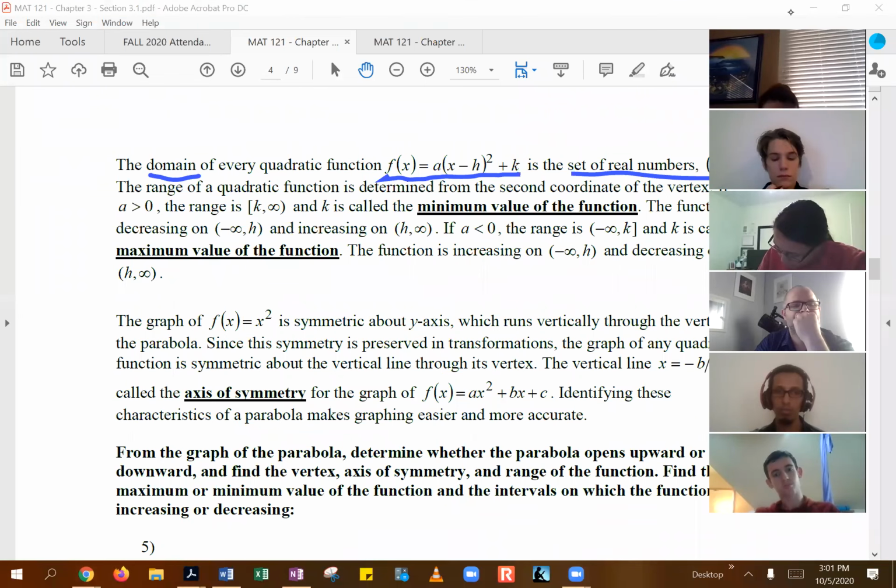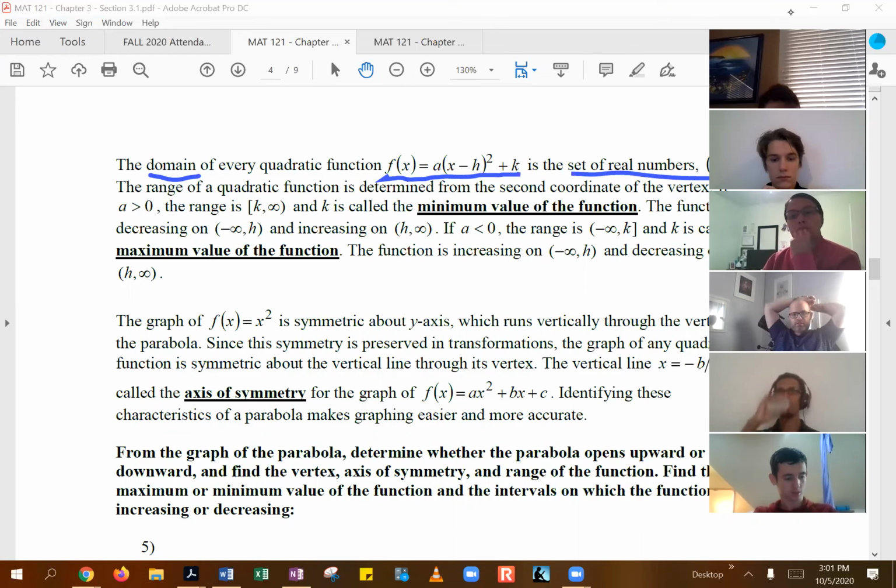Because remember, since this is a function, your parabola cannot open on the side, because if it's opening on the right or the left, it will not be a function. It will fail the vertical line test. So since these are functions, we know our parabola has to open up or down. So their domain will always be all real numbers, no matter what.